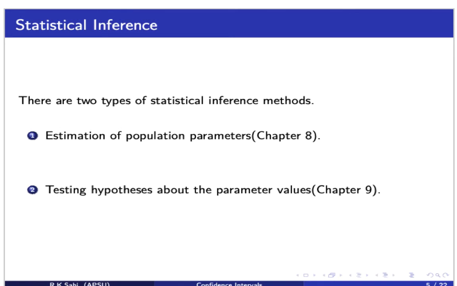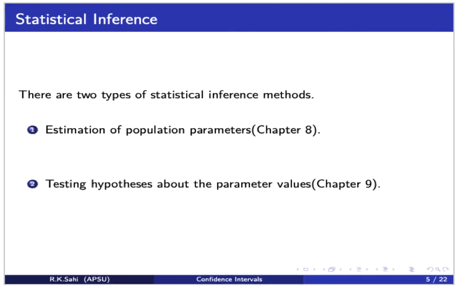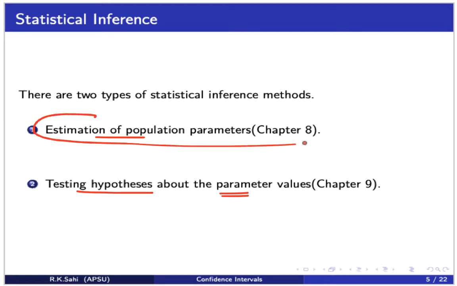Now, statistical inference, guys, is of two types. In statistical inference, we're using a sample to make analysis about the whole population. One would be to estimate these population parameters. That's the first method. The second method is we apply hypotheses about these parameter values. In this session and some more of these videos, we are going to be working on the estimation of population parameters.